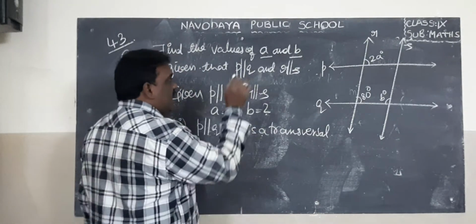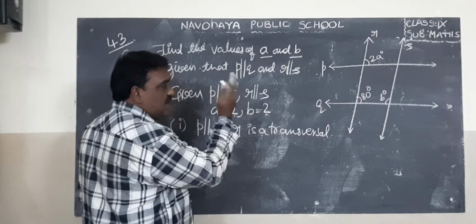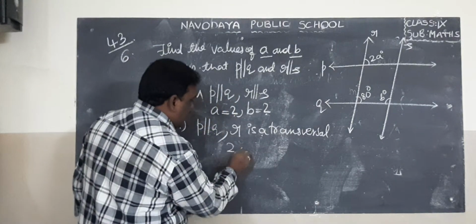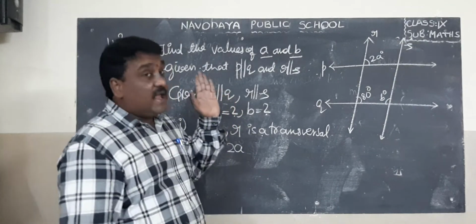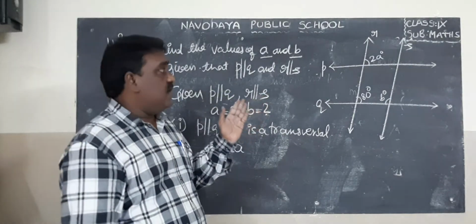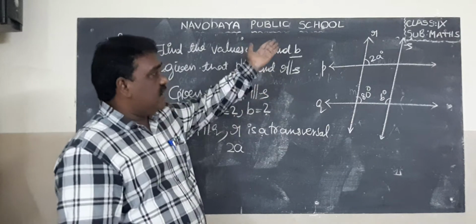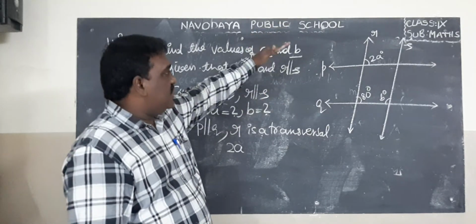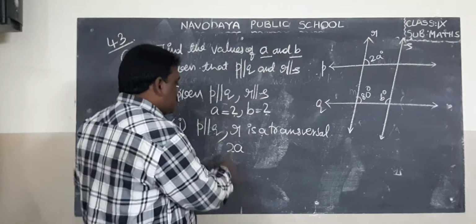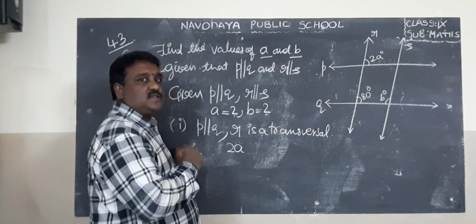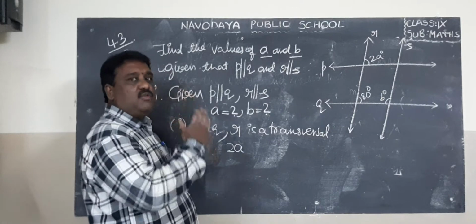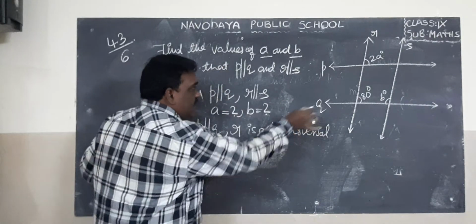Then what are the angles belonging to the transversal? 2a, top angle. 2a lies on the right side of the transversal and moreover it lies exterior, outside of the lines. So 2a is an exterior angle. And one more angle is there.